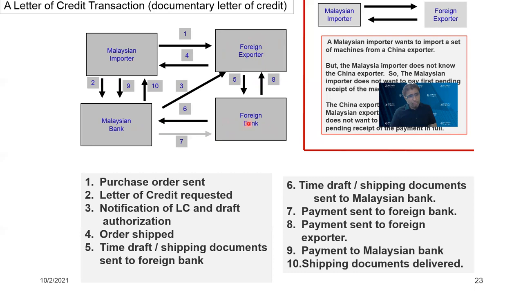The Malaysian bank, of course, will pay, but if the Malaysian importer defaults and they didn't receive the documents and the goods stay in the port, then it will become a liability and it moves from the on-balance sheet to the off-balance sheet.